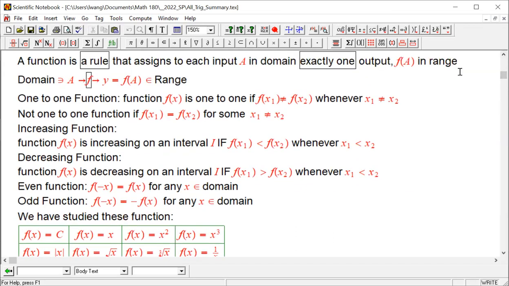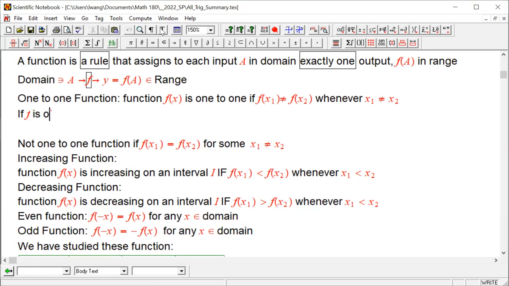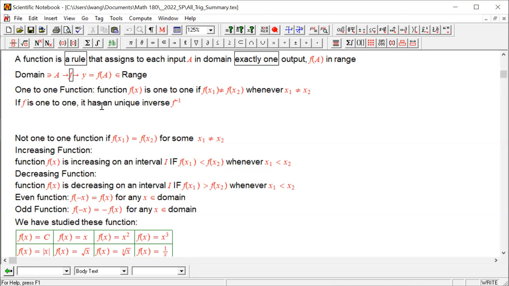Here I'm coming back to remind you: if f is one-to-one, it has exactly one, a unique inverse, and we're going to call that inverse f inverse. It has a unique inverse.